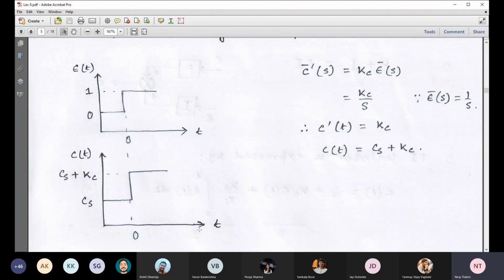And this is the corresponding response of the P-only controller in terms of C. Fine. I hope this is clear to everyone.